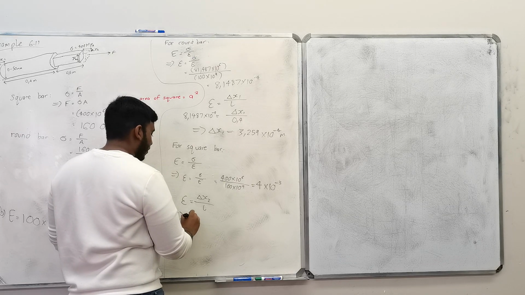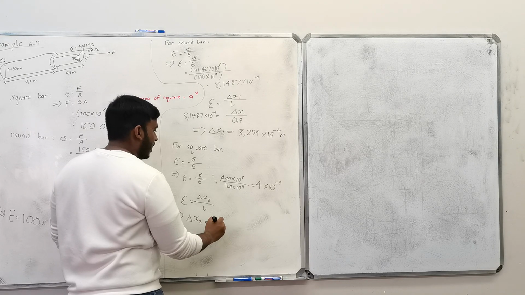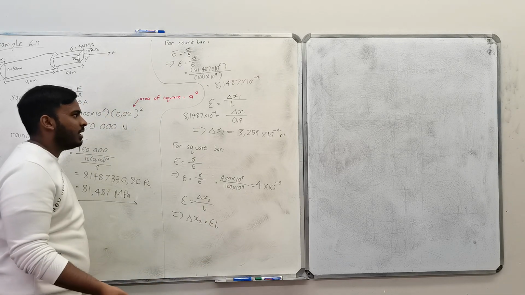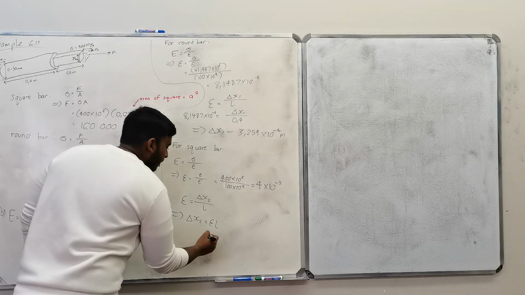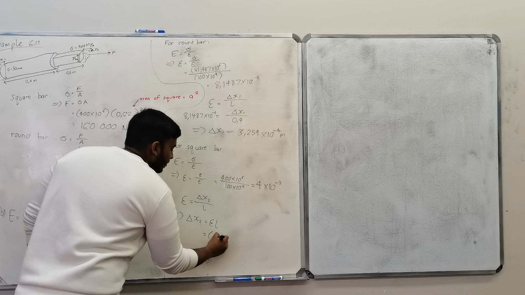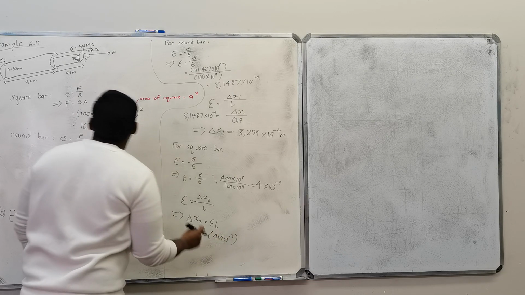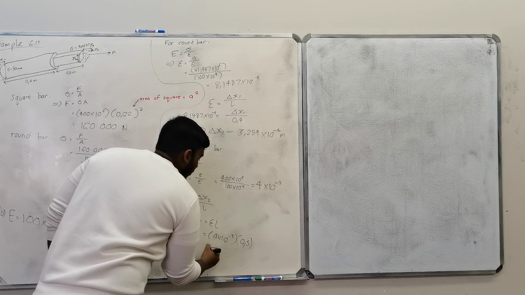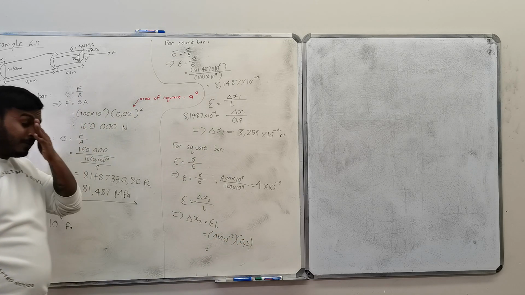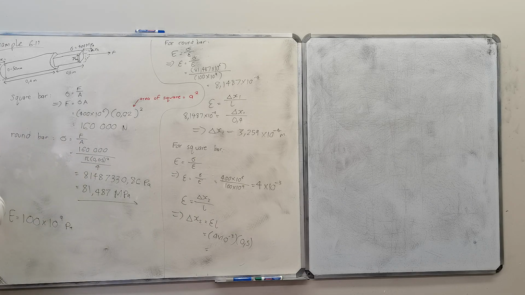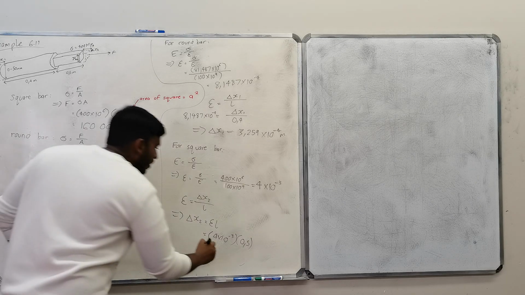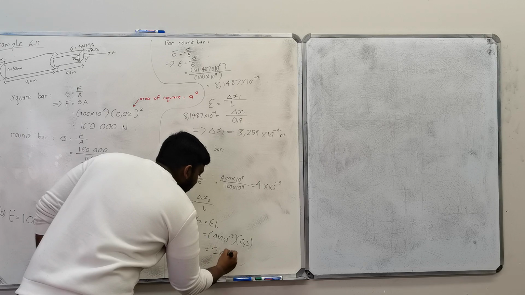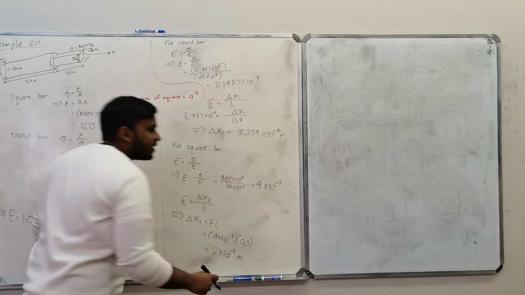So therefore your change in x2 is equal to your strain multiplied by your original length, which is 4 times 10 to the minus 3. Its original length was 0.5. So x2 is 2 times 10 to the minus 3 meters, right?